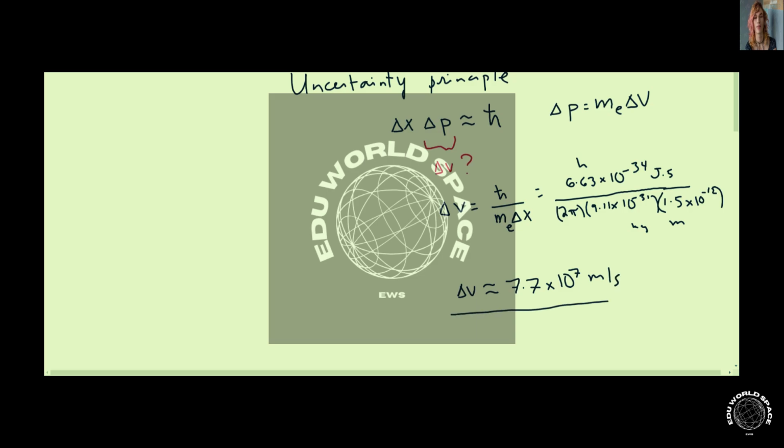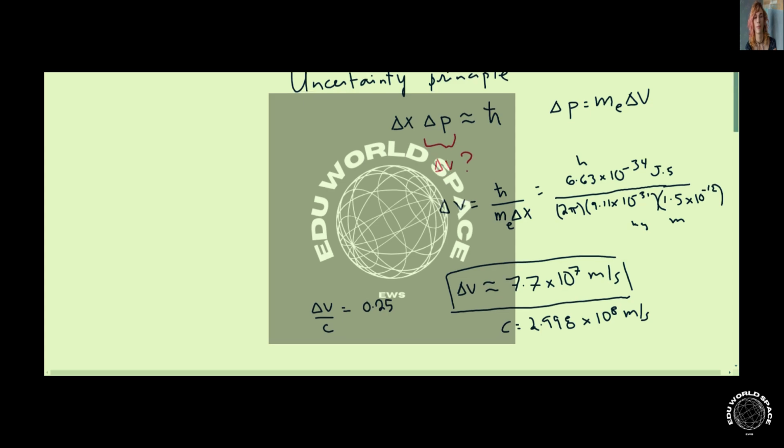And what this demonstrates is if you compare this velocity to the speed of light, you find out that this is a fairly significant fraction of the speed of light. That is, delta v over c is of the order of 25% the speed of light. And so that means this is just the uncertainty in the speed.